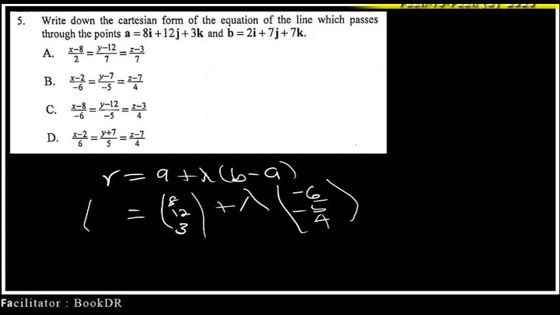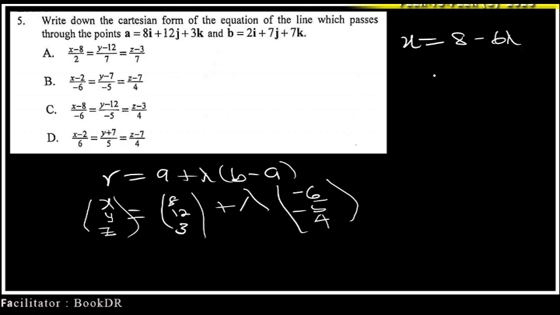If the coordinates of r are x, y, and z, then the following equations can be written. x is equal to 8 minus 6 lambda.